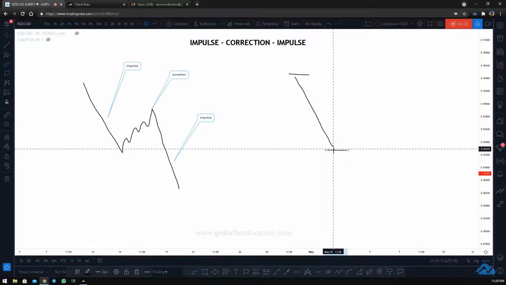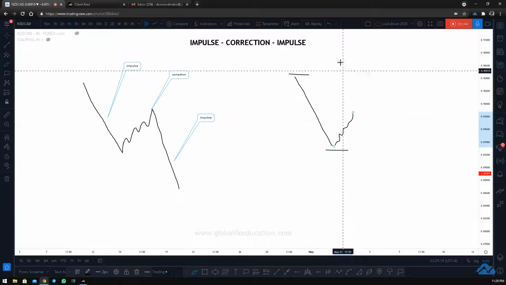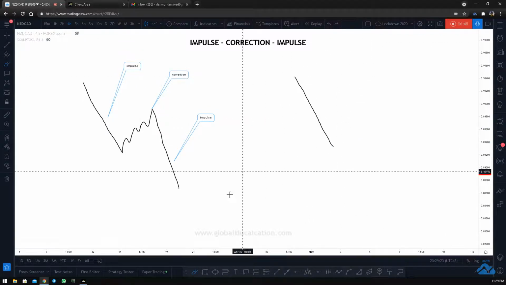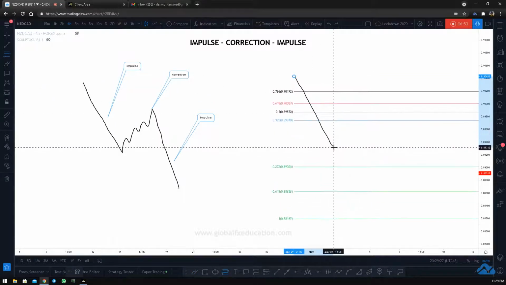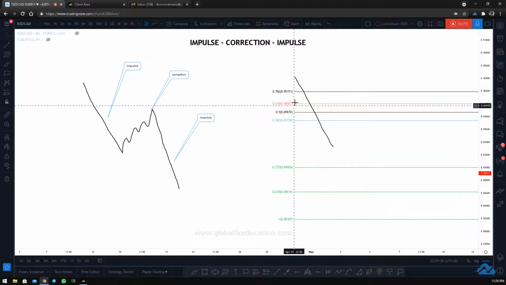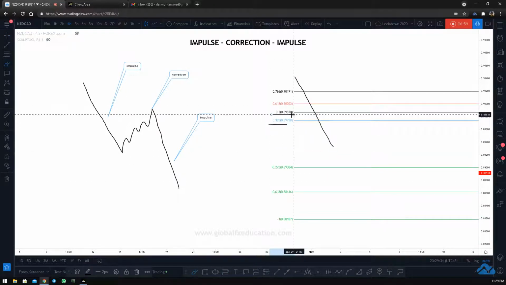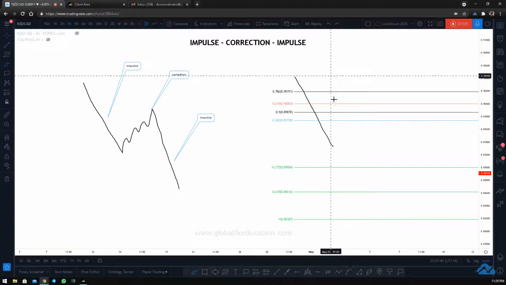Once the impulse has stopped, you will see that the market will start to reverse and start to create a correction. Okay, so what we need to do is take our Fibonacci from the high of the impulse to the low of the impulse. And you will see that there will be a lot of different levels in the market that the market can come up to retest before it actually starts to go down.